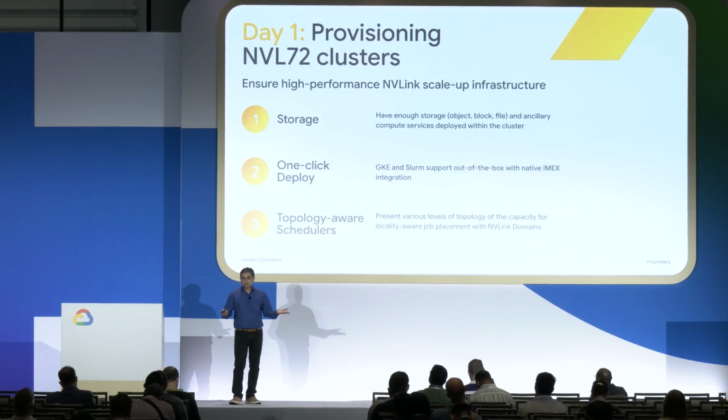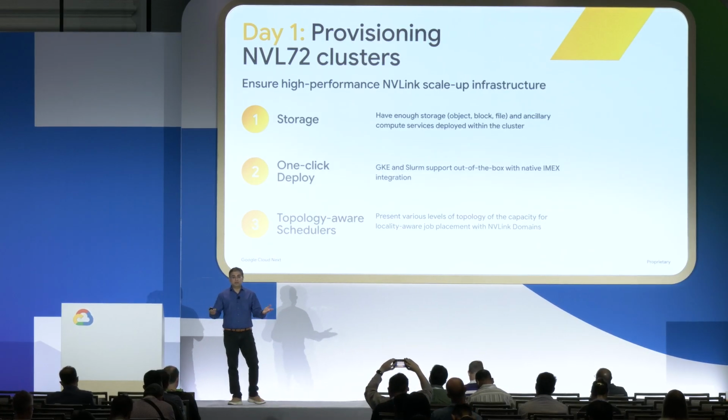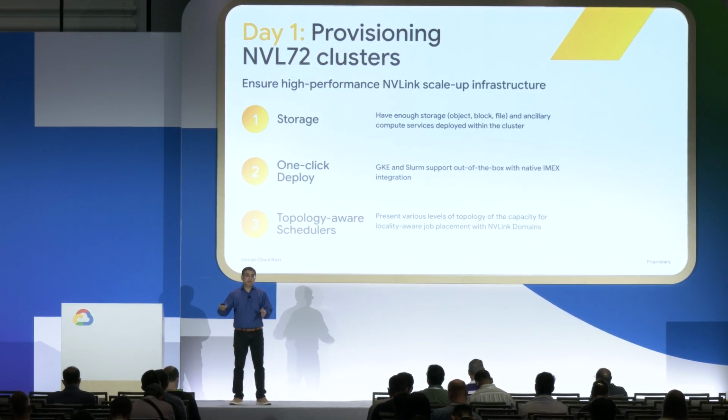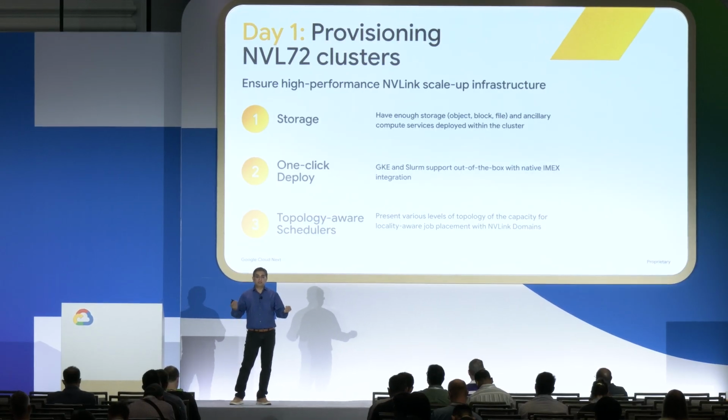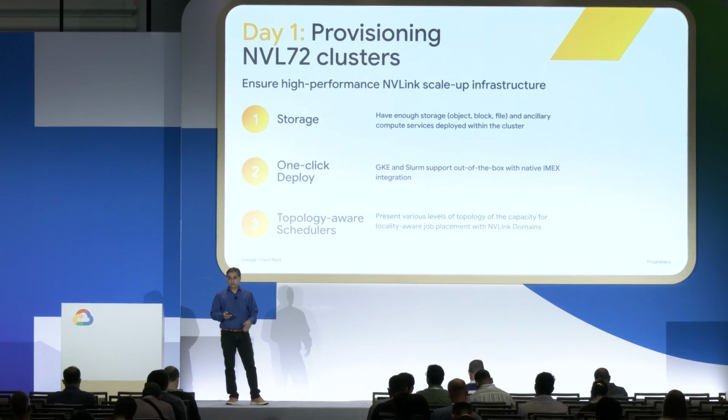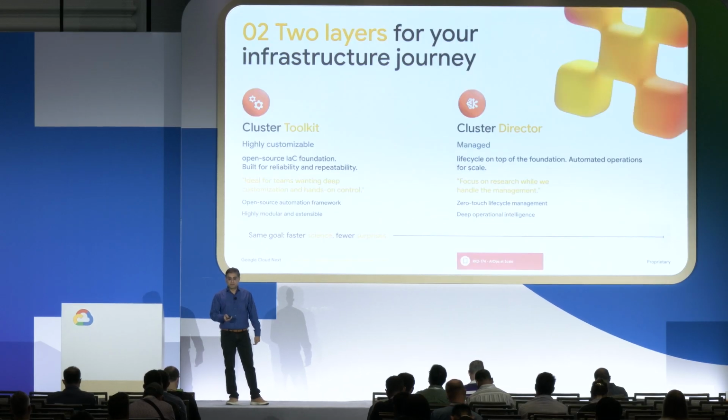That includes support for native IMEX integration for the NVLink fabric. And the schedulers within these orchestrators are fully aware of the underlying physical topology. The physical topology is going to play a more and more important role as we scale the workloads, to make sure that inter-GPU communication and bandwidth is not a bottleneck. That's what the topology-aware schedulers do, to make sure that your workload is placed where it's needed.